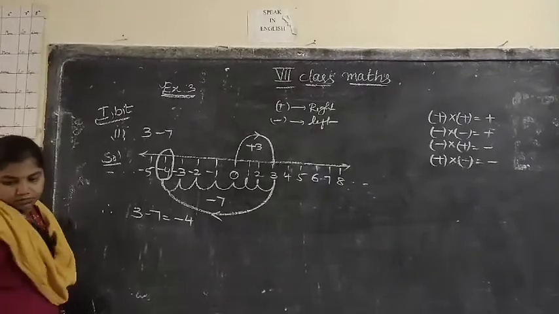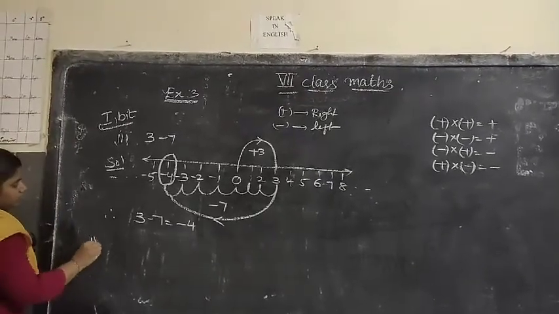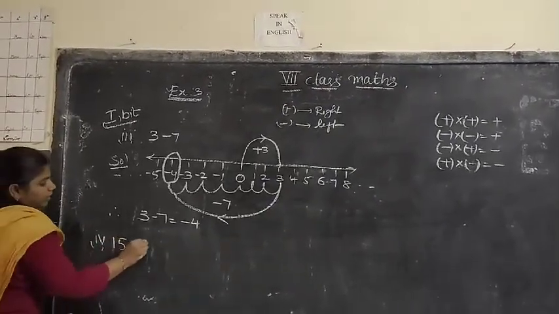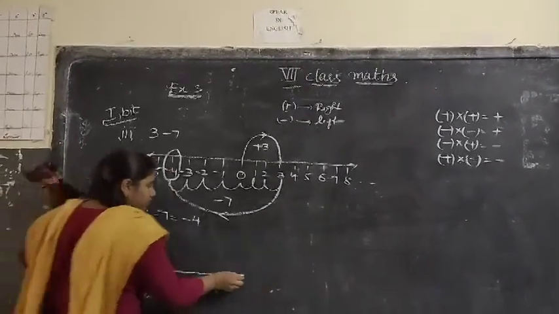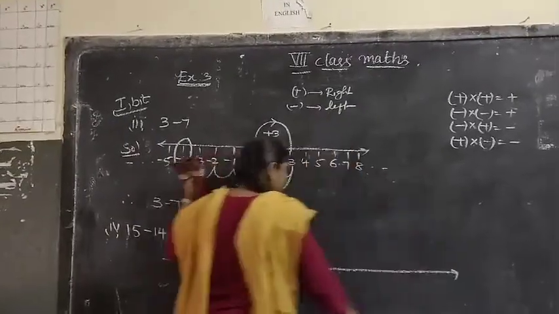So next one is 15 minus 14. So we have to subtract on a number line. Draw a number line first.